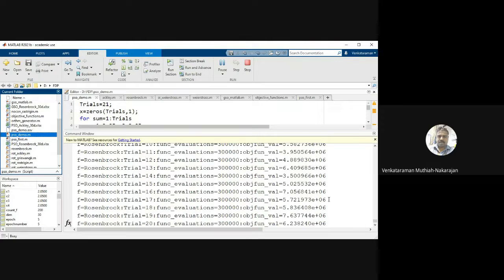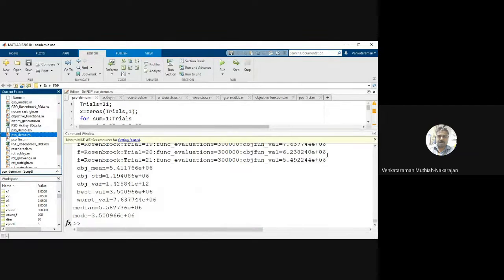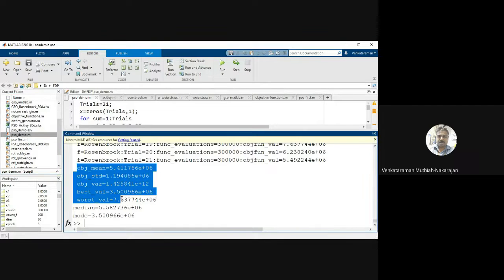Okay, so our output is of the order of 10 to the power 6 for most of the trials. So all our output is too high.